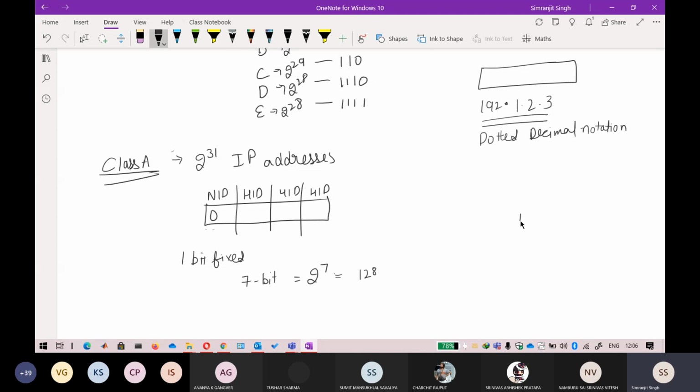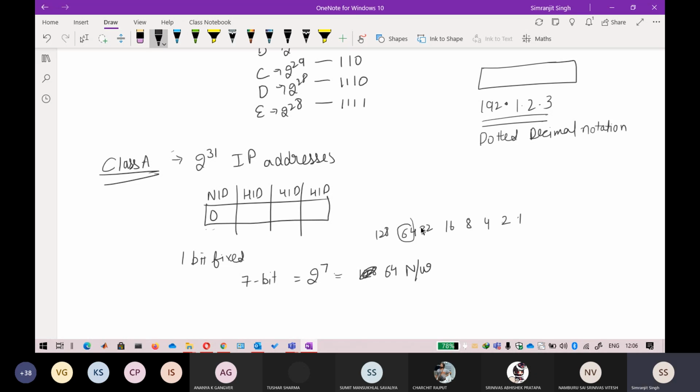Yeah, 1 2 4 8 16 32 64 128. So it is 8 bits. I think you will be able to get, let me count, 1 2 3 4 5 6 7. So a total of 64 networks you can get.